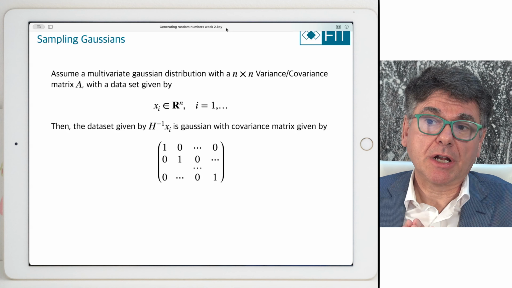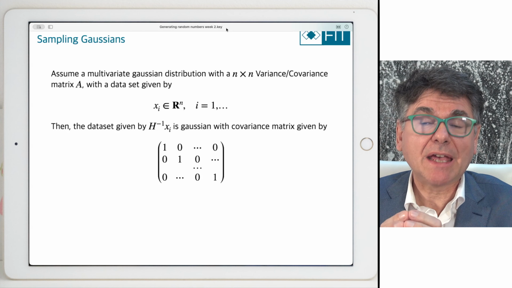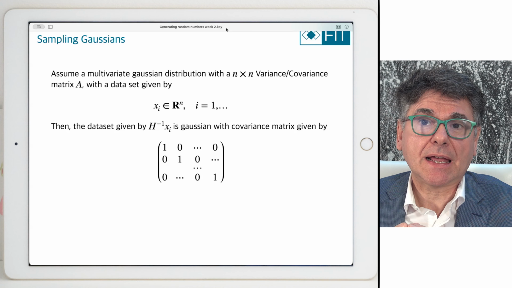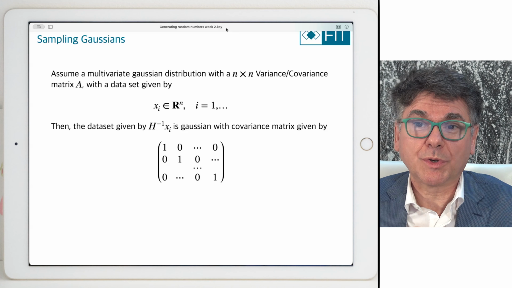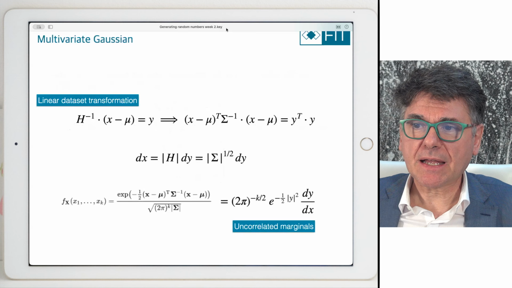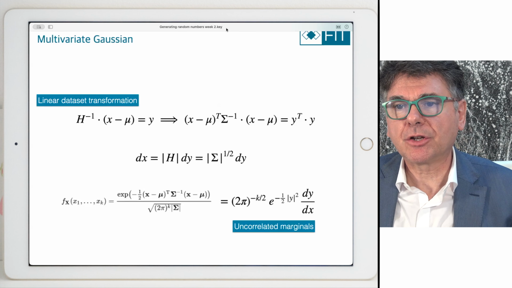It's very simple linear algebra, because if we calculate the variance covariance matrix of this H inverse X with itself, what I get is the variance covariance matrix times H squared inverse, which is the identity.